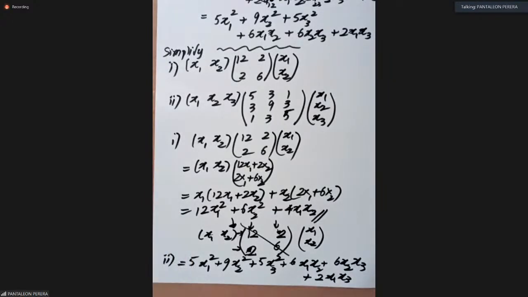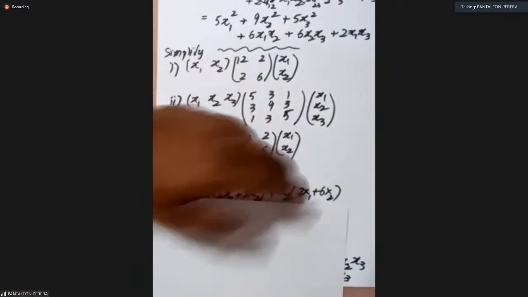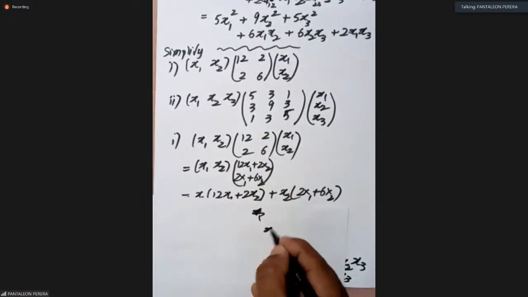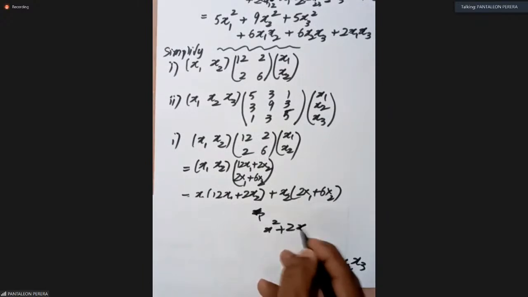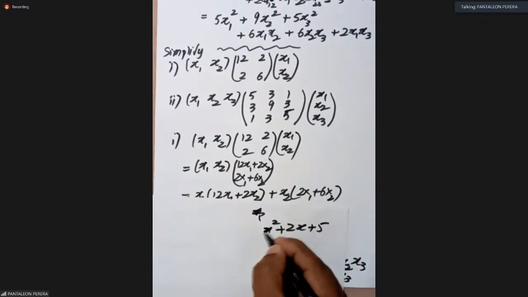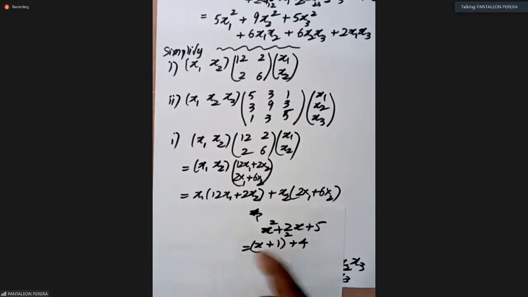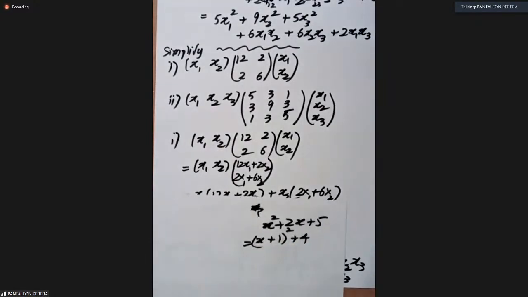Even in O levels, we are interested in those types of things. Say you have something like x1 squared plus 2x plus 5. We complete the square like this. Why would you complete a square? Then we can investigate its behavior.